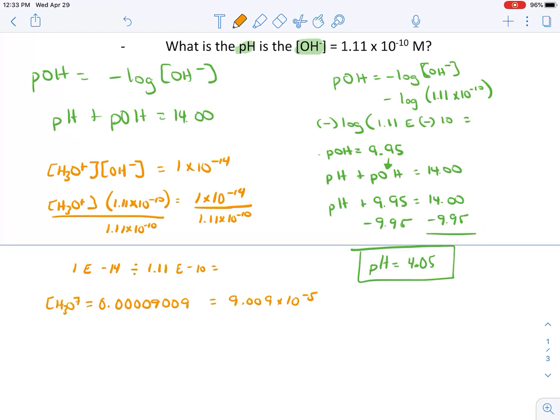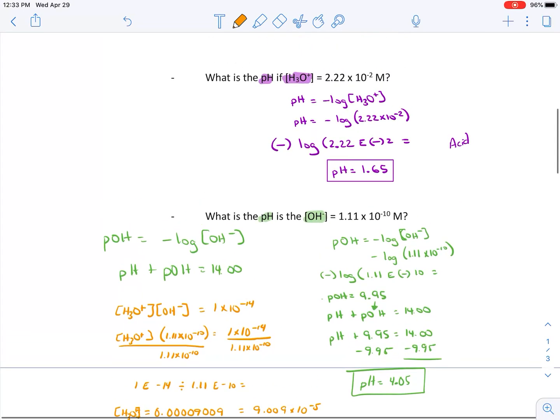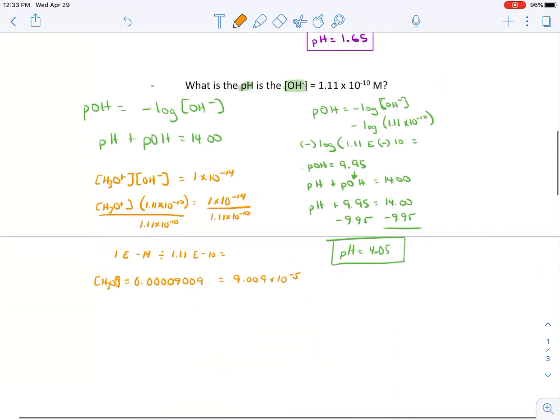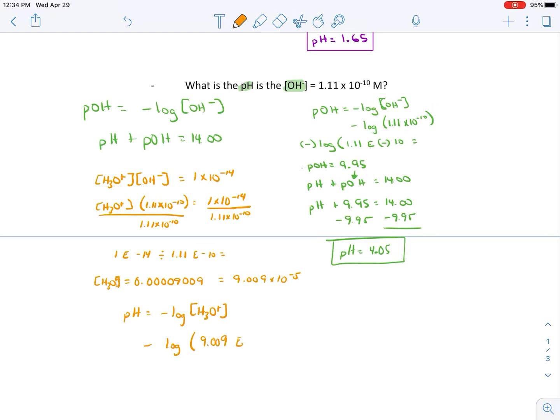So the other formula that we need is the one we had up there, let me scroll back up and look at that: pH equals the negative log of our hydronium ion concentration. And so we just plug that number in. We're going to type in negative log 9.009 E negative 5, and then hit equals.